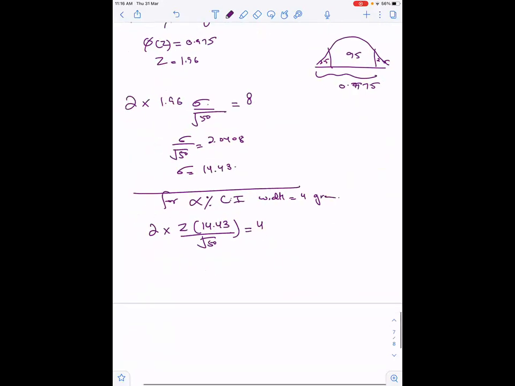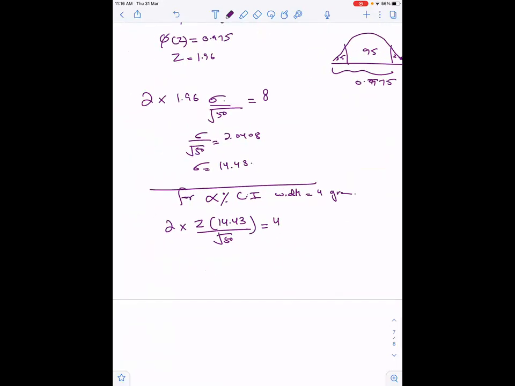We will get Z first. So I'm doing 2 into 14.43 divided by square root of 50, and then 4 divided by the answer, which is 0.98. So Z equals 0.98.